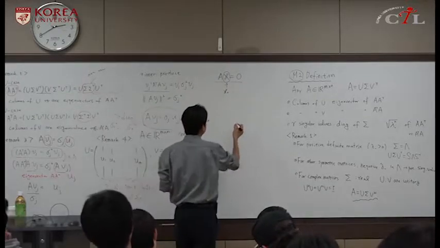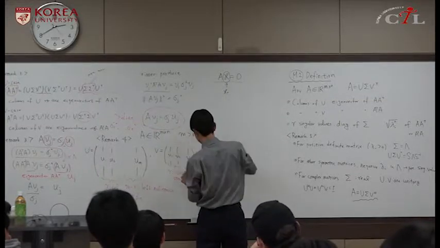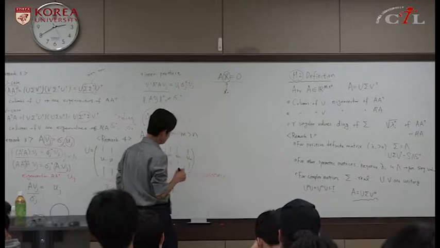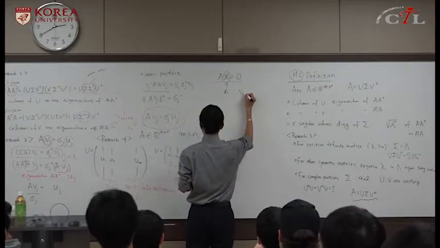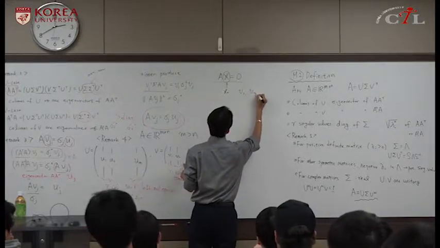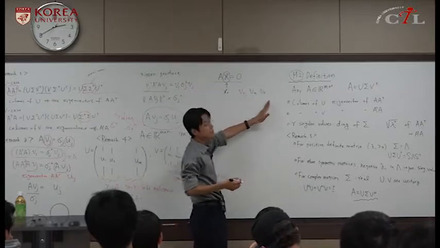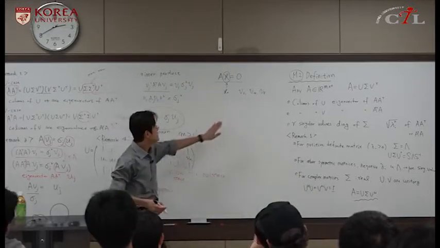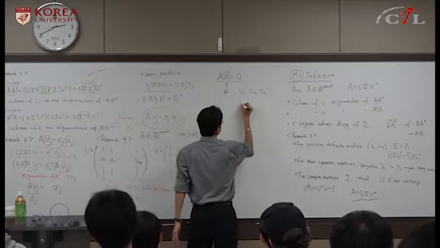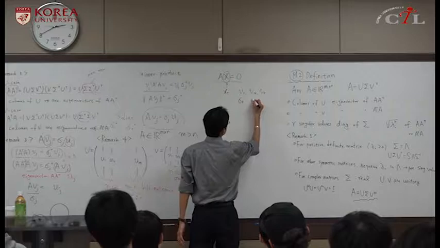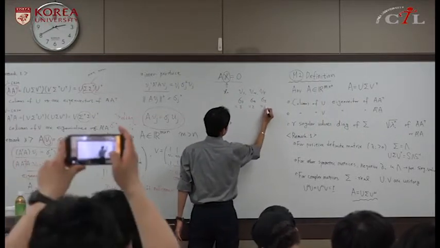If I have multiple bases of null spaces, let's say V3, V4, V5, for example, and the null space is 3 dimensional and they are bases, then each of them may have a corresponding singular value. And let's say that they are ordered from largest to smallest, for example 3, 2, 1.